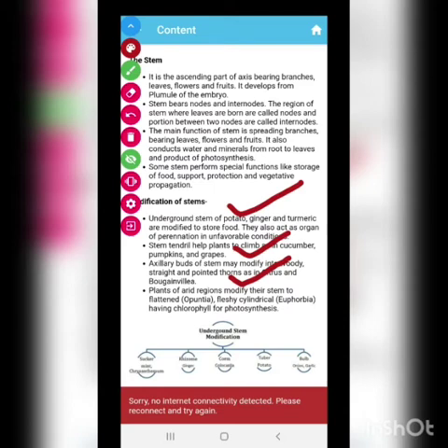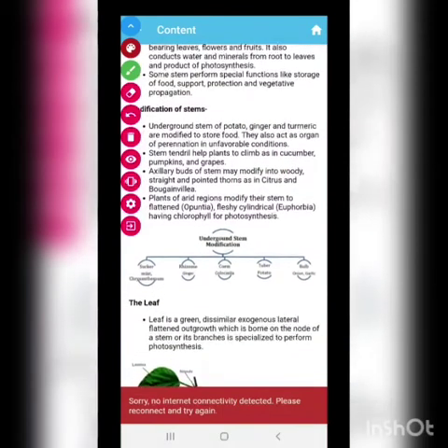In those places, the stem modifies to become flattened and fleshy, so that it can look like a leaf and act like a leaf, because in those places the leaves become spines, just to prevent evaporation and loss of water. These flattened stems start functioning just like a leaf. They have chlorophyll and they perform photosynthesis. So these are all different kinds of modifications of stem.